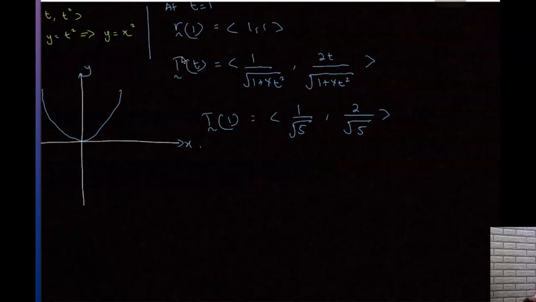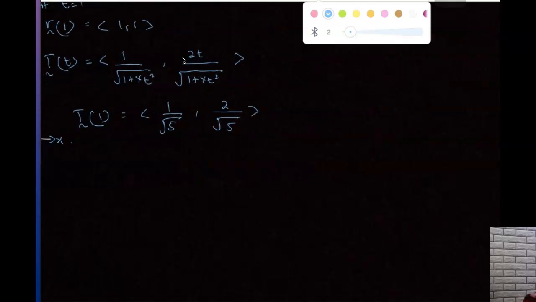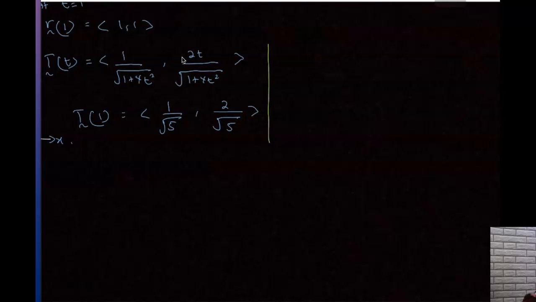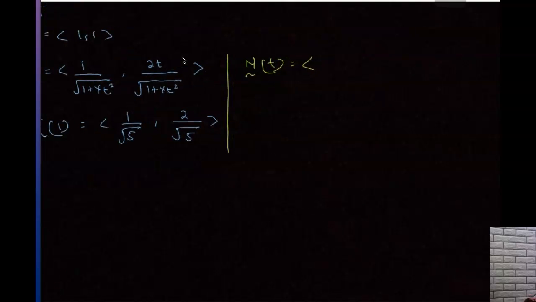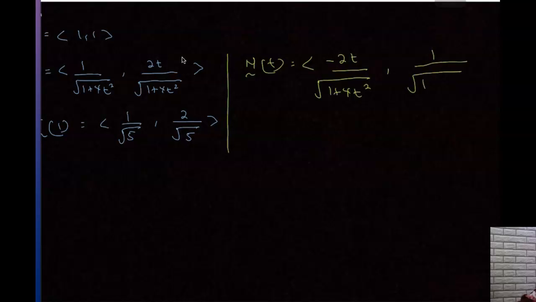And then we also already obtained the N. So now the unit normal vector in general, after quite a long process, finally we have a bit simpler form, with 1 plus 4t squared in the denominator.